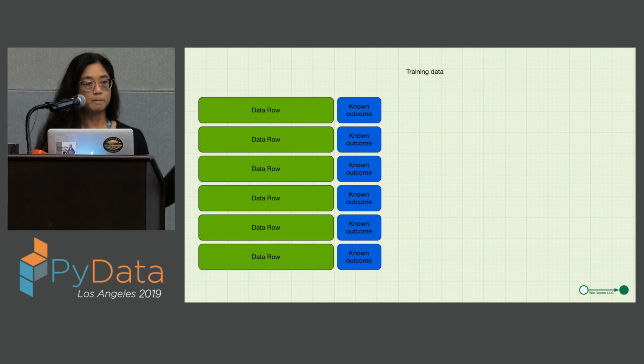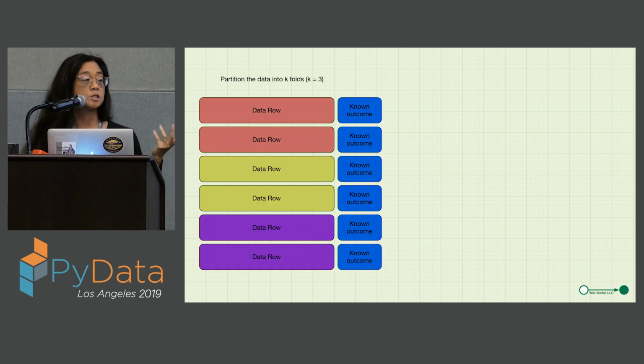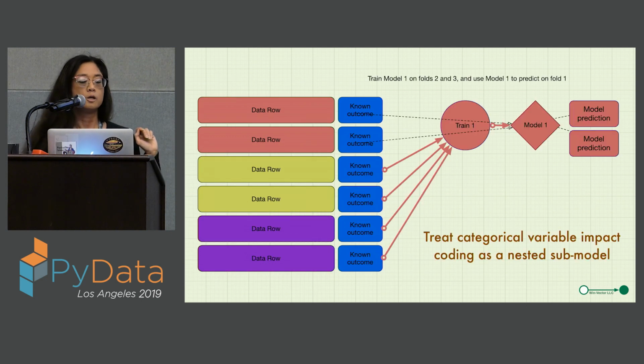You have your training data. And for our interests, what we're most interested in the data row is the zip code of the row. You partition the data into k folds, in this case, 3 folds. You take folds 2 and 3, and you build a model or an encoding lookup table, and you use that lookup table to encode the zip code in fold 1.